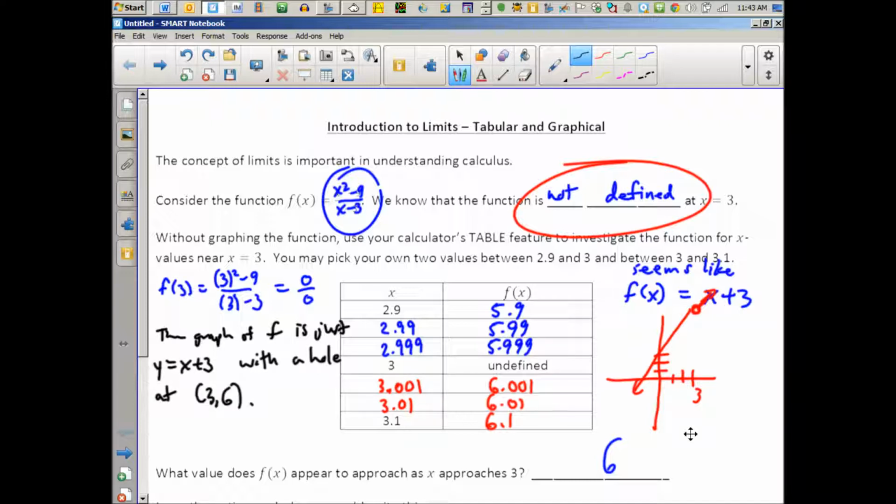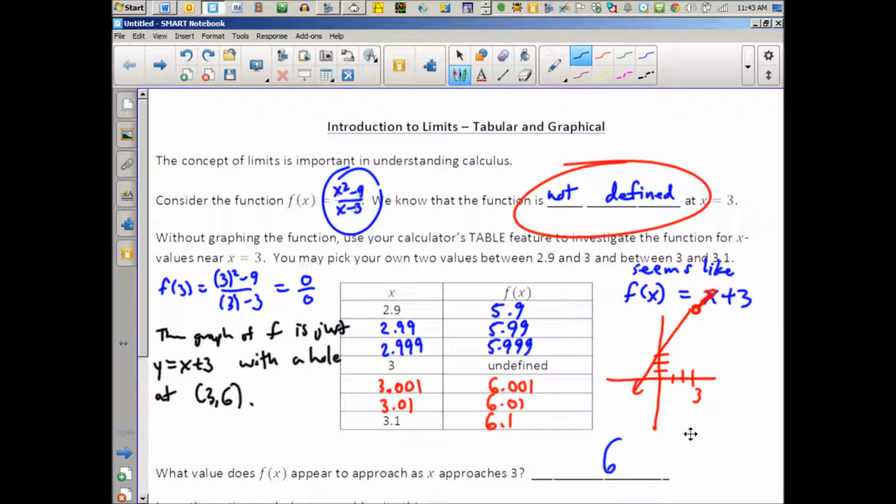Okay, I think that's worth noting. Everything simplifies to x plus 3, algebraically. So what was the little x minus 3 all about? That punches a hole in the graph at 3. 3 comma what? 3 comma 6. Evidently the table seems to be saying that. Okay, a couple new ideas there.